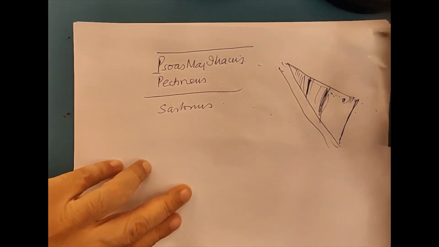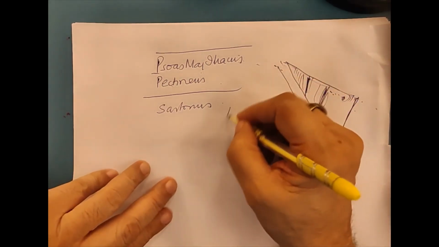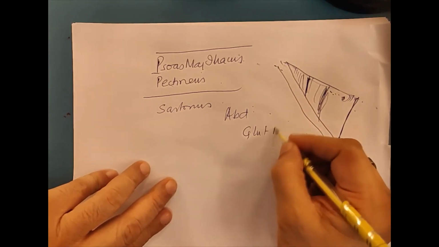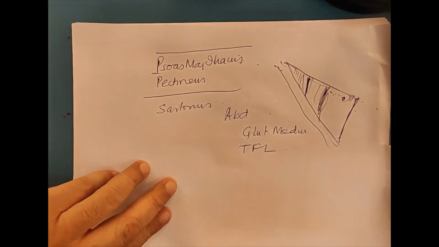Okay, on this side you will have the abductors, and the main abductor is gluteus medius, held by tensor fascia lata.